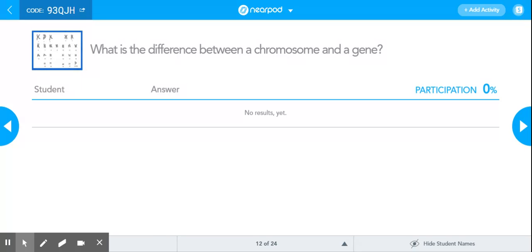We just talked about chromosomes, and on the earlier page, we talked about genes. One being something that we get, and one being something we store things in. Good, good. Everyone participate. Good. All right, we're going to move on, okay?